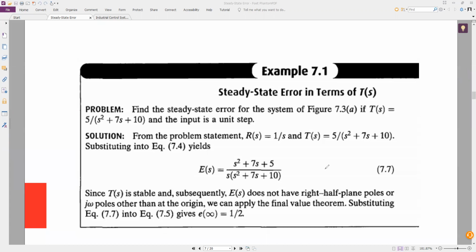First of all, put the value of R(s), that means 1 by s, times the bracket 1 minus T(s), where T(s) is 5 over s square plus 7s plus 10.